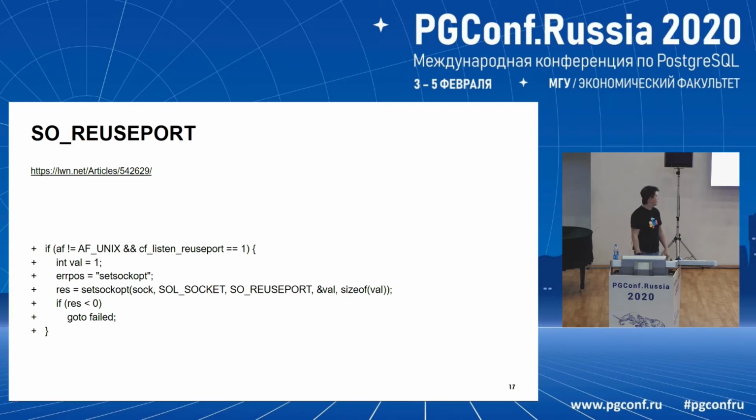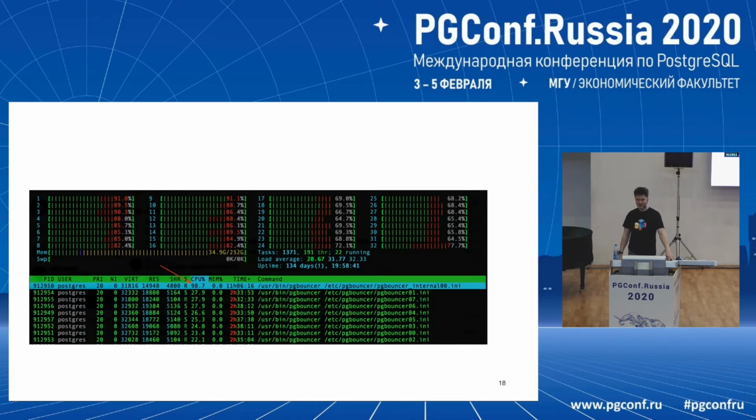In principle, this is a solvable problem. Before, we just had to apply a little patch that would allow several bouncers to share the same port. And right now, it's a technology that is supported in upstream PgBouncer. You don't even need to patch it. You just need to make sure you set up so_reuseport. But the problems still occur.